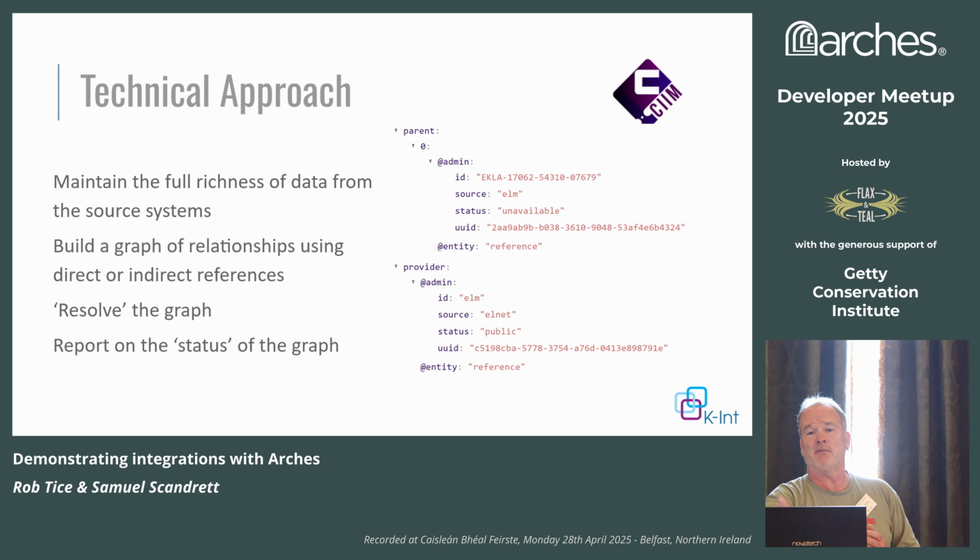It builds a graph that's represented in JSON, as there on the right, but it has an extra concept that it can't get any further within this graph because it's reached a dead end with something that should be there. The whole idea is it allows an organisation to build a network of different systems that reference each other indirectly, potentially. It can also tell you if your particular system is referencing an item and somebody's put a typo in, for example, because they aren't foreign key references. It can say, you're telling me that this thing's there, but I can't find it in your data graph in your environment.